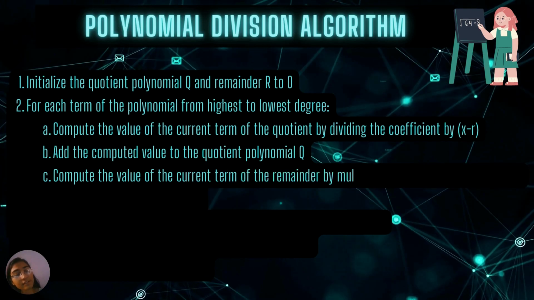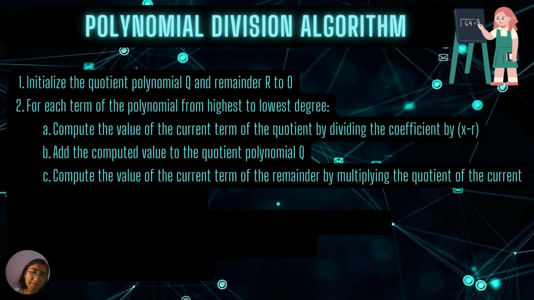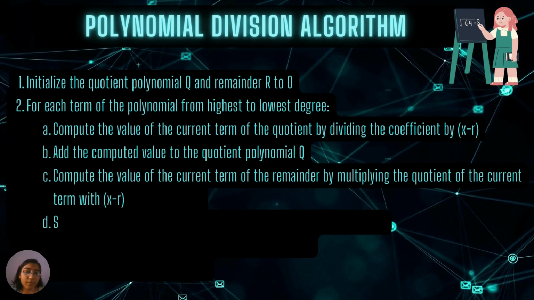Now we will return the quotient q and remainder r. So this is the simplest algorithm we can write for polynomial division.